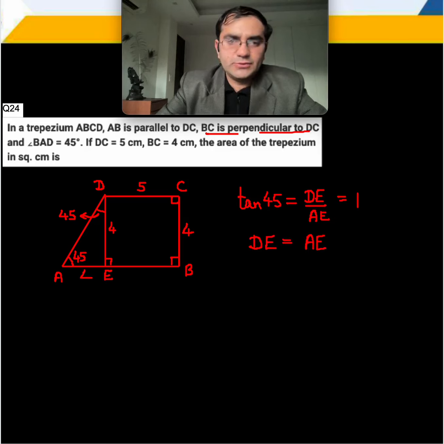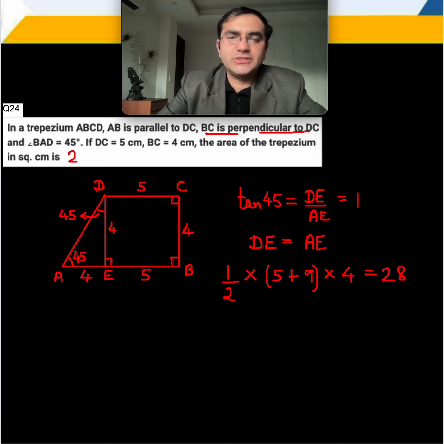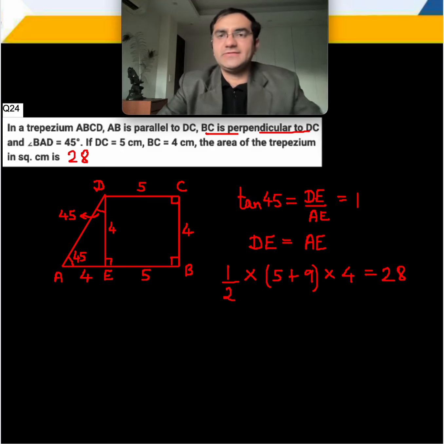DE equal to AE, so this is also 4, AE is also 4, and when this is 5, this is also 5. Opposite sides are equal. And now find the area of the trapezium. Half into sum of parallel sides, 5 plus 9, and altitude is 4. We get the area as 28. The answer is 28 for this question.